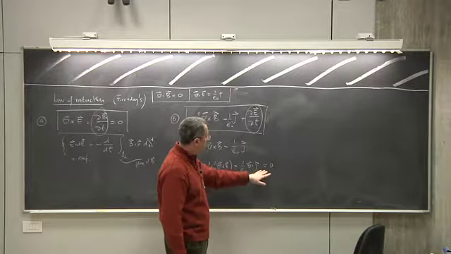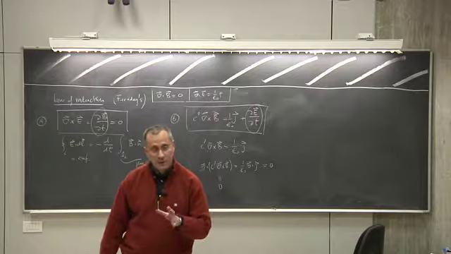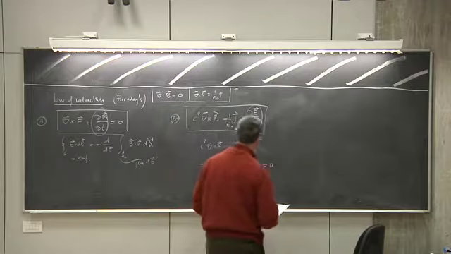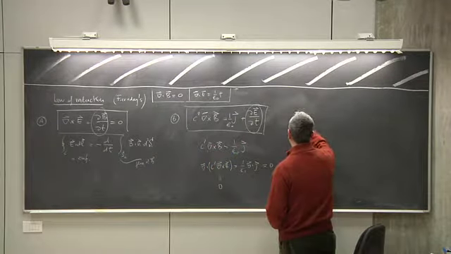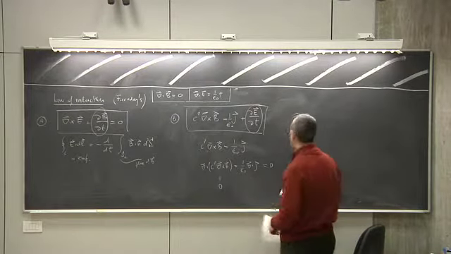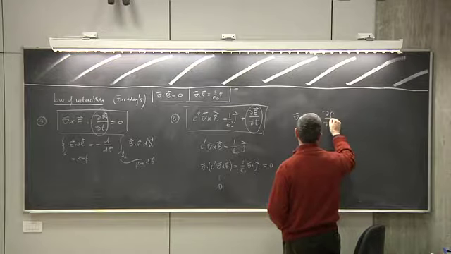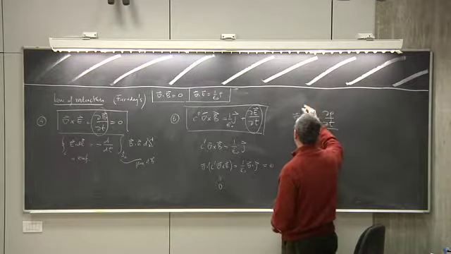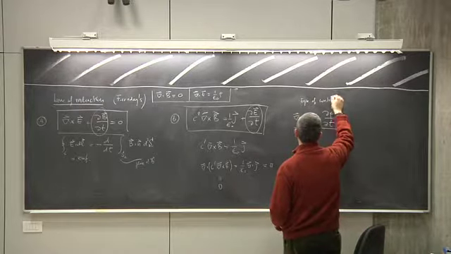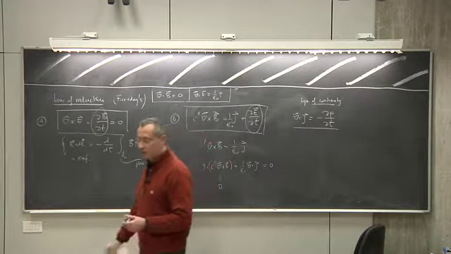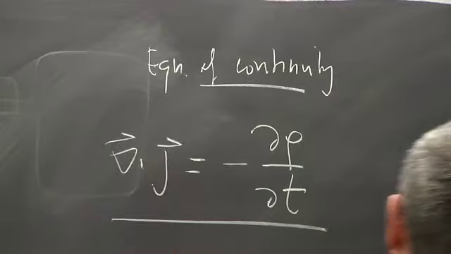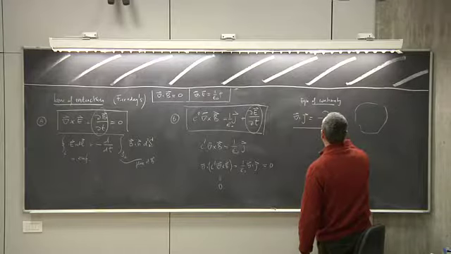That implies that the divergence of J is equal to 0, and that's okay as long as you have a static situation, but if you allow changes in your charge density, you know that this is the correct equation of continuity. That is just another way of saying that the charge is conserved. It's called continuity because it's true for any flux.